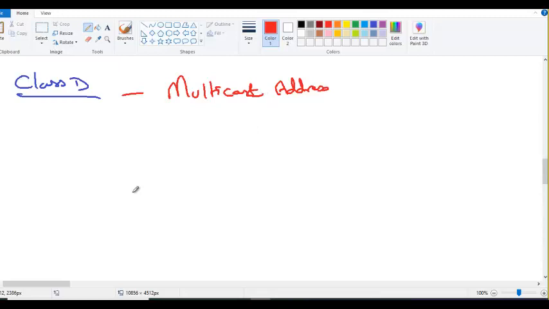That's why it is called multicast. Casting to many, meaning talking to many. To talk to many, those many need one common address. The range is between 224 and 239.